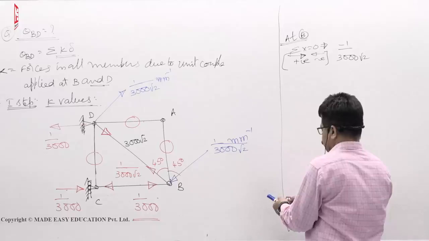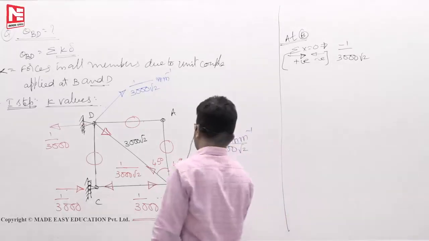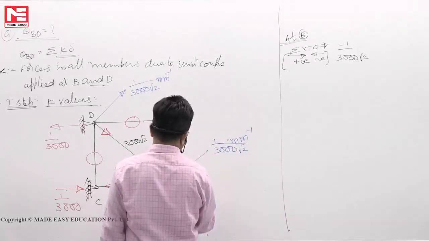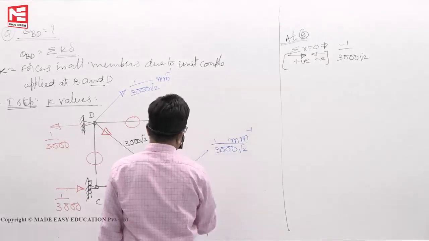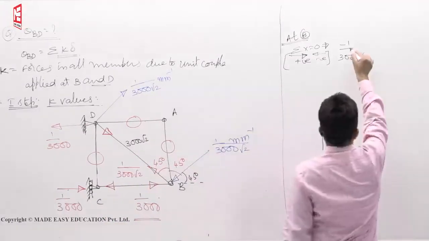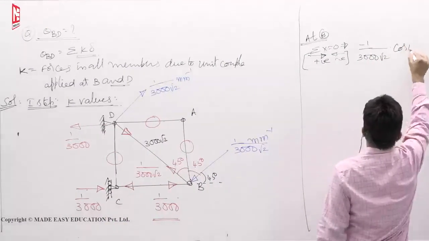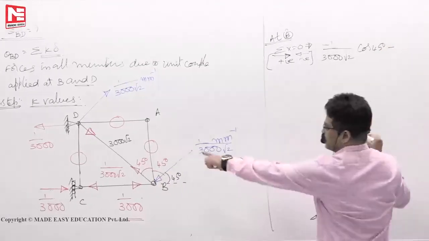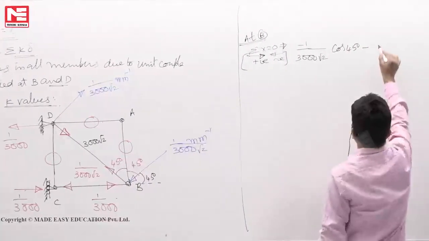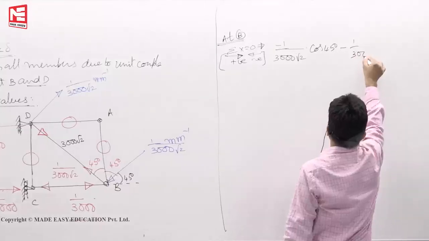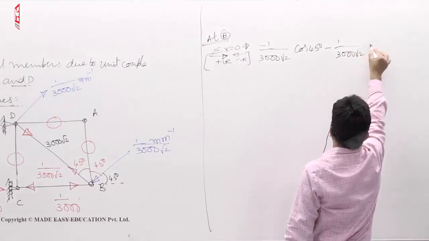You will get this angle is also 45 degrees, so whether you write cos or sin doesn't matter. 1 by 3000 root 2 cos 45, and the other force is also the same, minus 1 by 3000 root 2 cos 45.